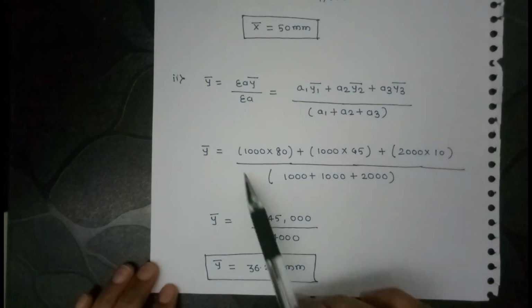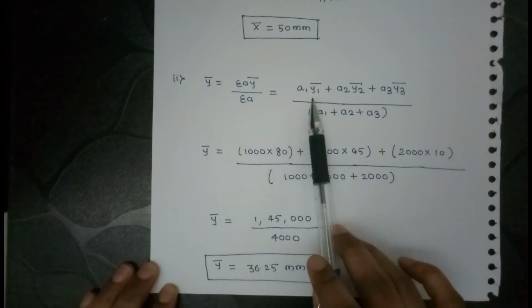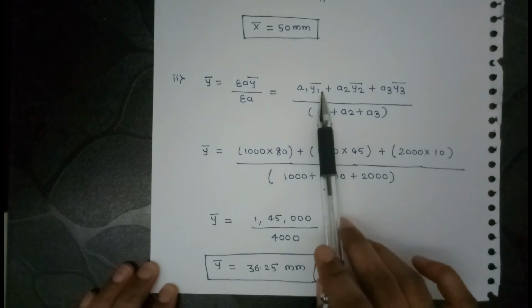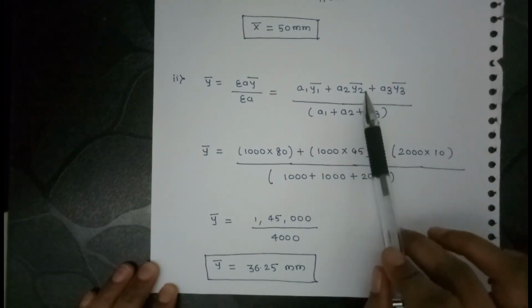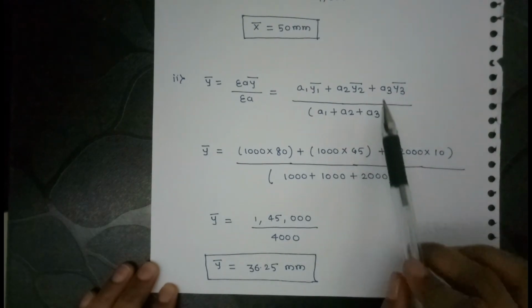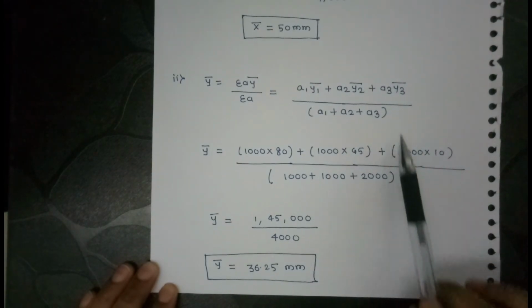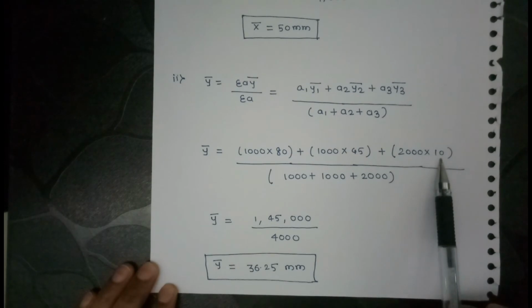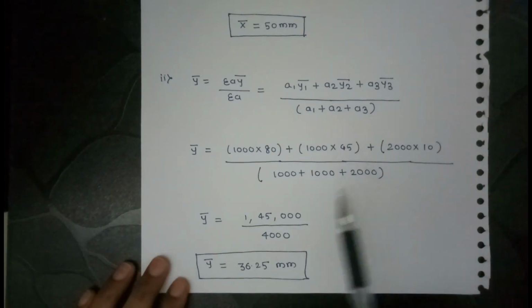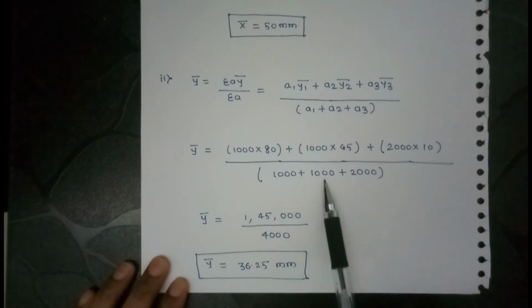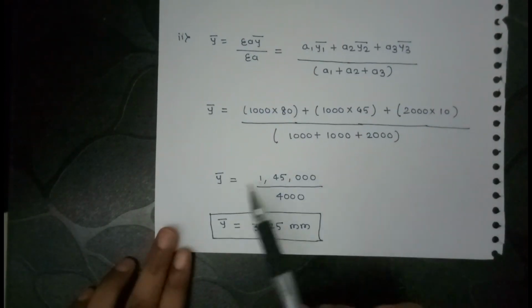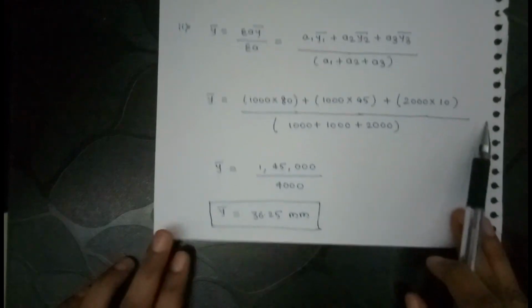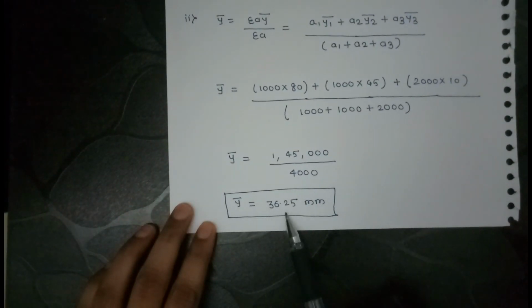Y bar is equal to, what is the value of a1? 1000 into y1 bar 80, plus a2 1000 into y2 bar 45, plus a3 2000 into y3 bar 10, divided by 1000 plus 1000 plus 2000. Then we get y bar is equal to 36.25 mm.